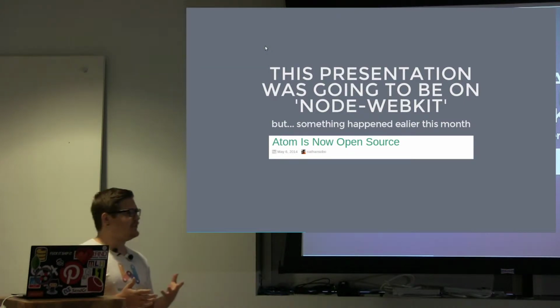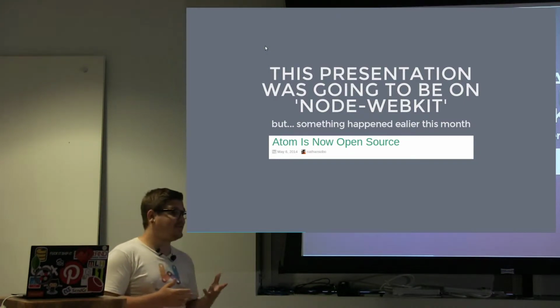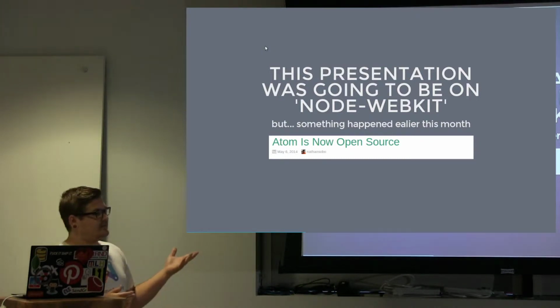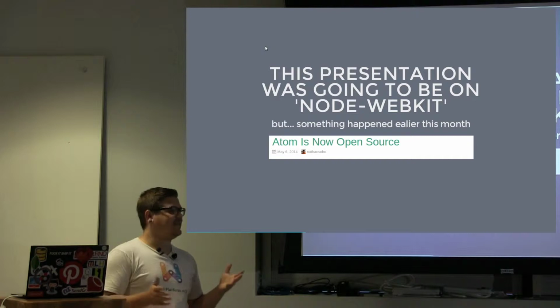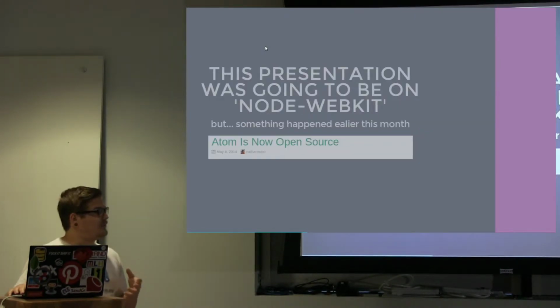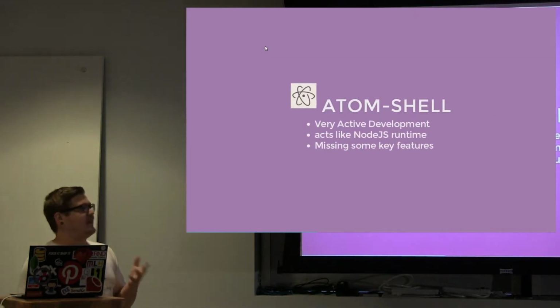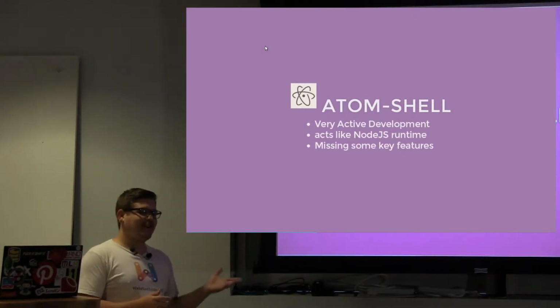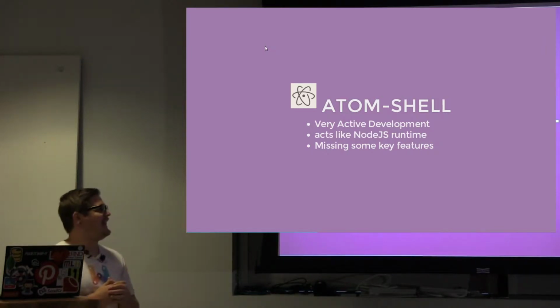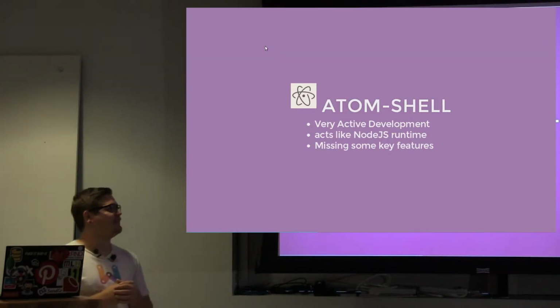A new open source project using very similar technologies. I've speculated with a lot of my friends that they're using Node WebKit in Atom to build this IDE. But they actually hired one of the core developers of Node WebKit to build Atom Shell, which is very actively developed because it's from GitHub, and it acts just like the Node.js runtime.